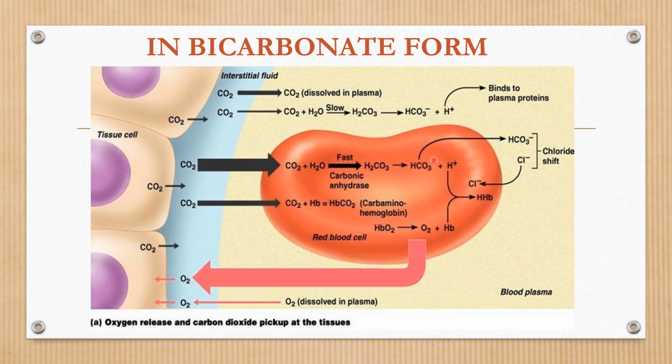The bicarbonate ion easily diffuses out of the RBC into the plasma, and the H plus ion combines with hemoglobin to form hydrogenated hemoglobin. This is the process of CO2 entering from the tissues into the blood cell.